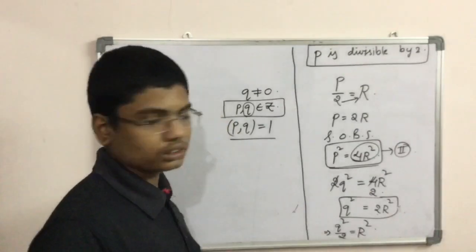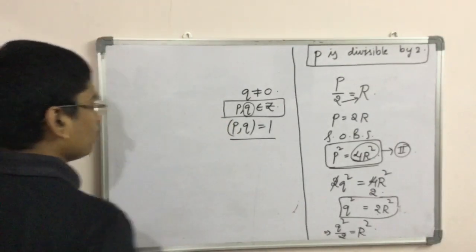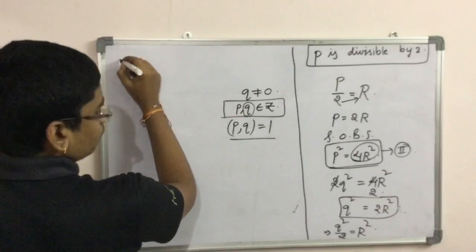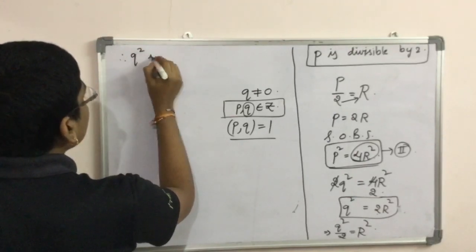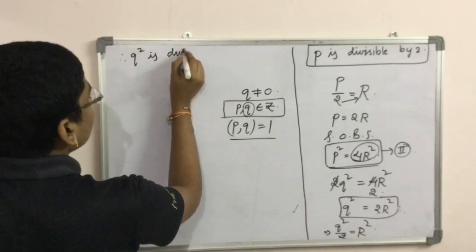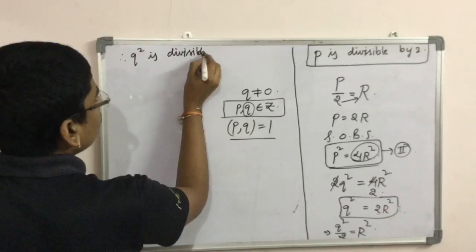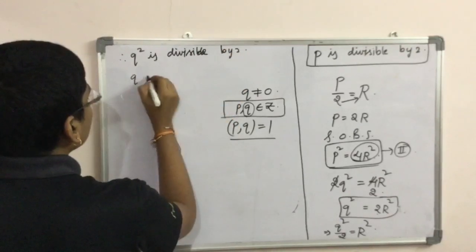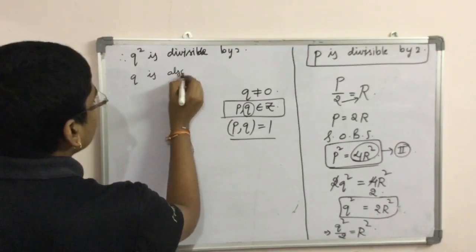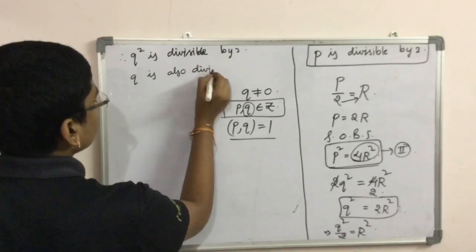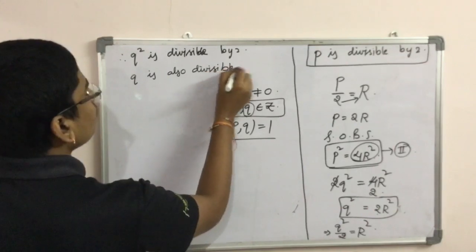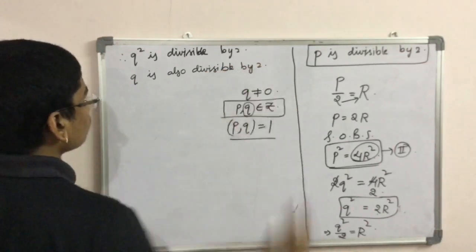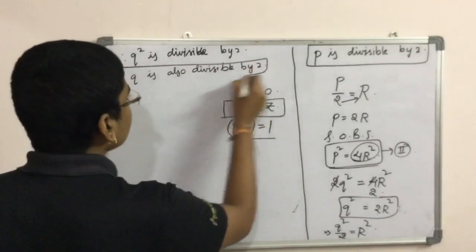So q square is exactly divisible by 2. So we'll write the statement here that q square is divisible by 2. So q is also divisible by 2. We'll highlight this statement also.